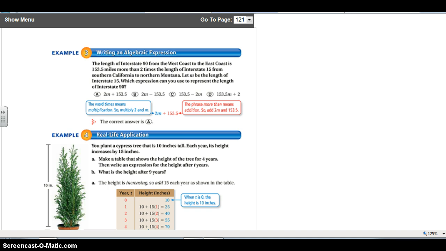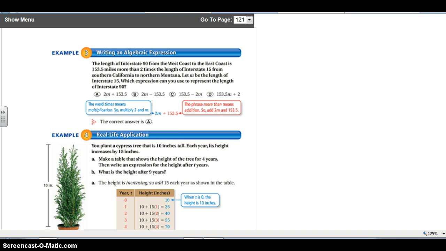Let's take a look at example 3. Now we're going to be working with a word problem where you have to write the algebraic expression. So they're giving you, first of all, an example of a word problem, and then you need to choose which one would be correct.